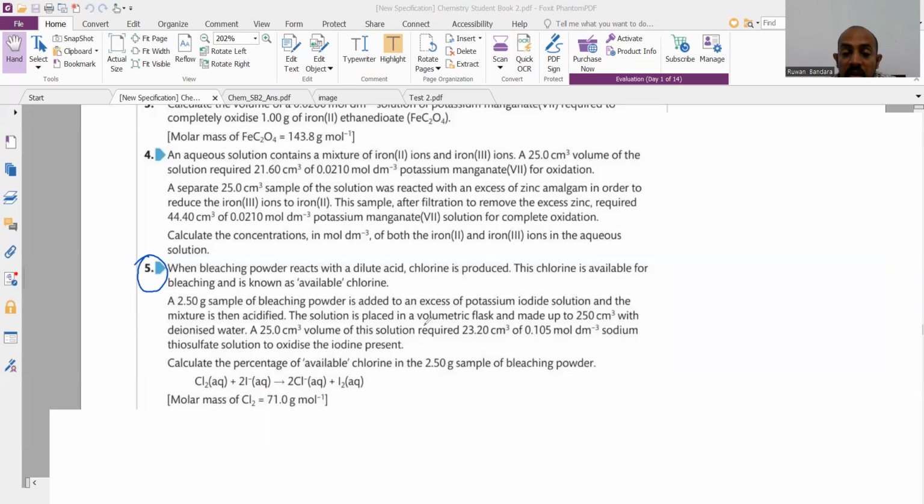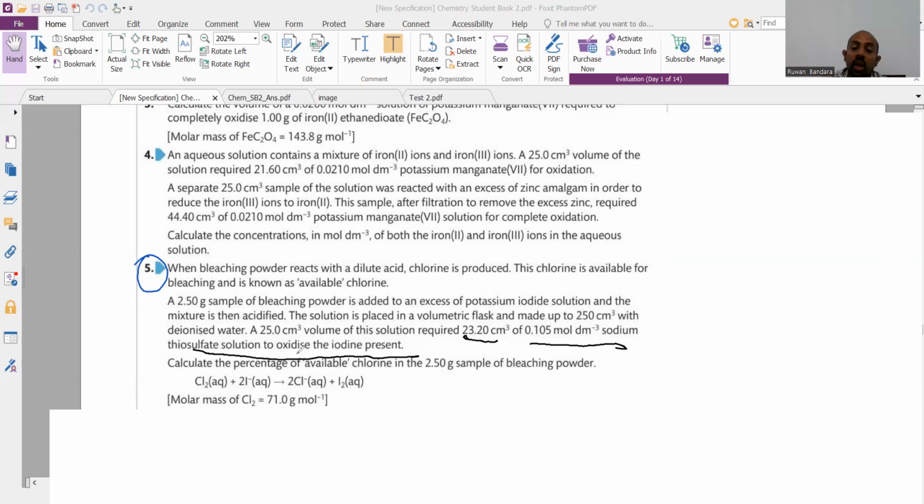The solution is placed in a volumetric flask made up to 250 with deionized water. 25 of volume of this solution required 23.2 of sodium thiosulphate to oxidize the iodine present. Calculate the percentage of available chlorine. Great. 2.5 bleaching powder is there, and you are making a solution of 250. From that, you are taking only 25 out, and that one you are going to titrate.